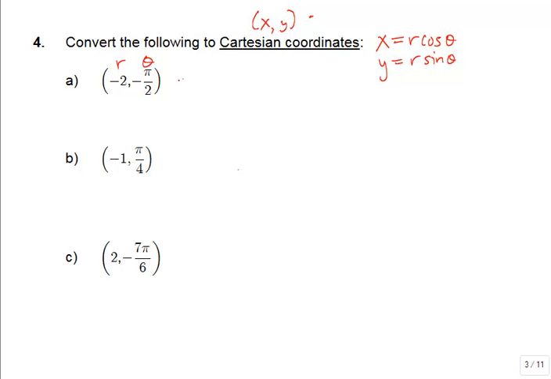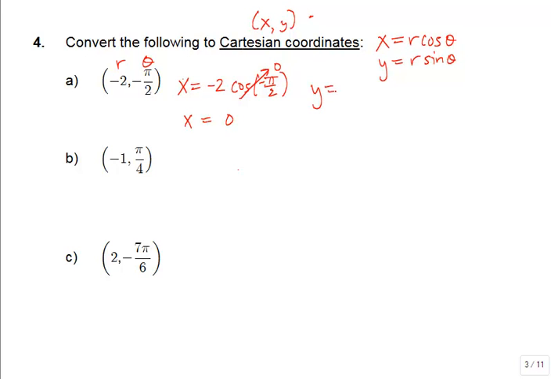So to figure out x, we're going to take our r, which in this problem is -2, times the cosine of our theta, which in this problem is minus pi over 2. Well, cosine of pi over 2 or minus pi over 2, that's 0. And -2 times 0 is going to stay 0.